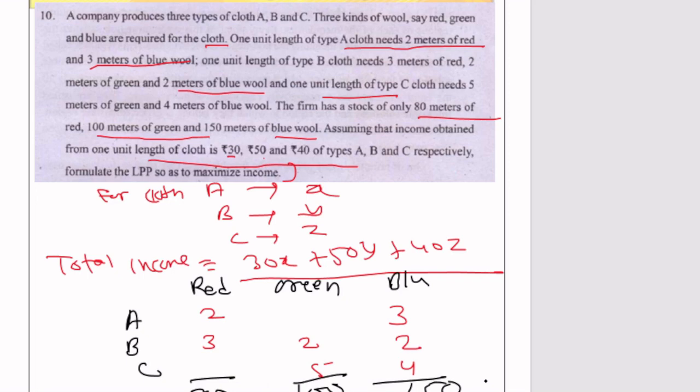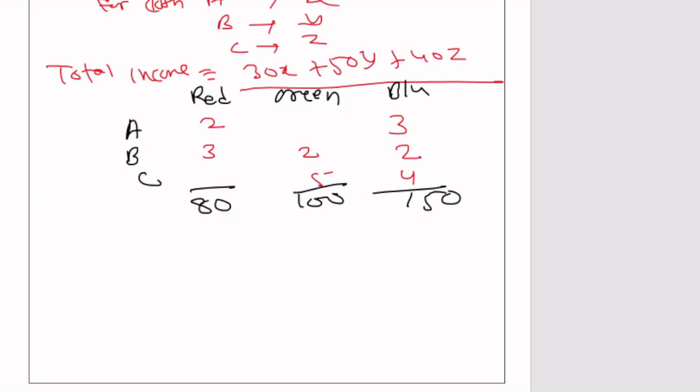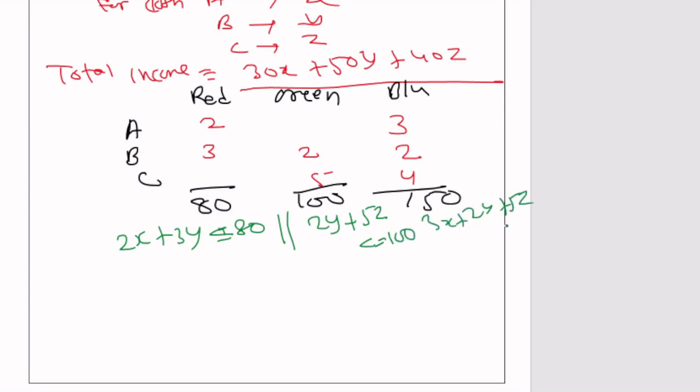Now we have to frame the equations using this table. How can we frame them? For red, you can write 2x plus 3y. The stock says it's the available stock, right? So it should always be less than or equal to 80. Similarly for green, 2y plus 5z less than or equal to 100, and for blue, 3x plus 2y plus 5z less than or equal to 150.